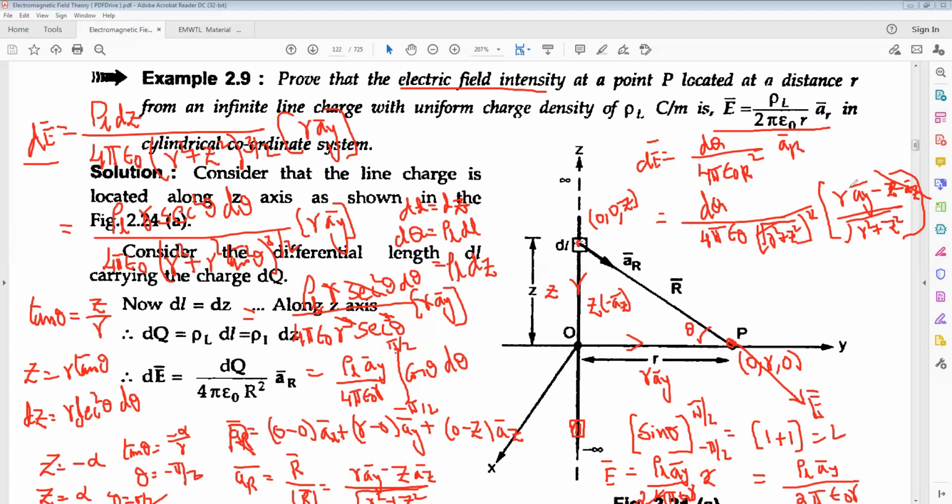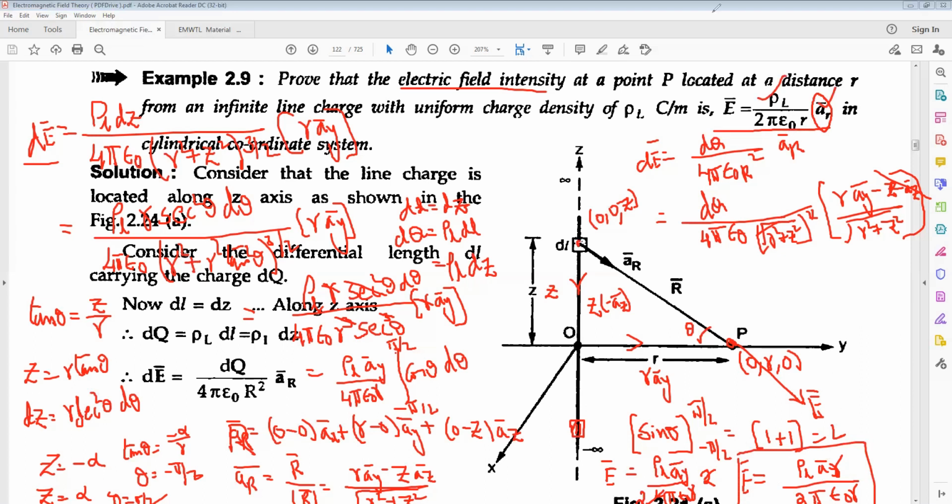That a_y can be written as a_r, because the distance from the origin to the point P is r, so let us take it as a_r. So E bar is equal to rho L a_r bar by 2 pi epsilon naught r.